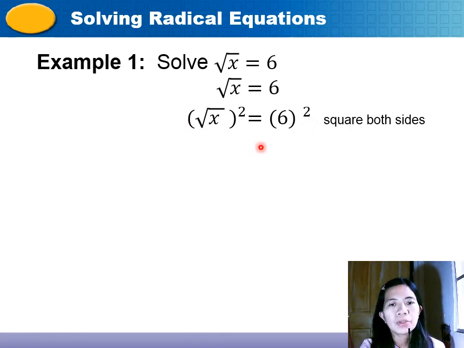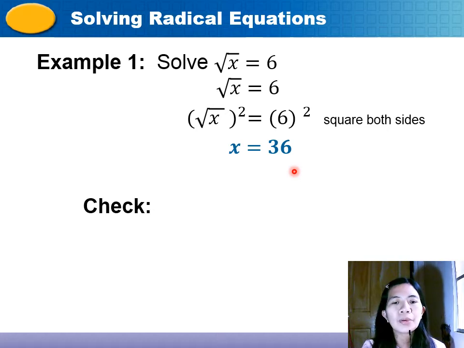Meaning 2 divided by 2, because it will be x raised to 2 over 2, so it will be x equal to x. So x is equal to 36. Now, to check, we substitute the value of x into the original equation.